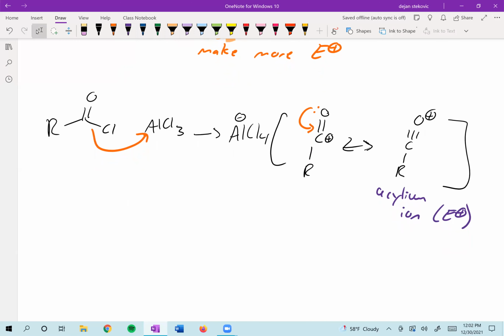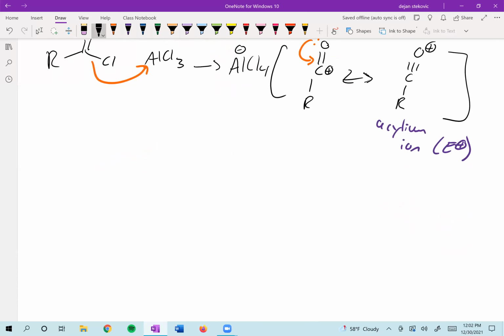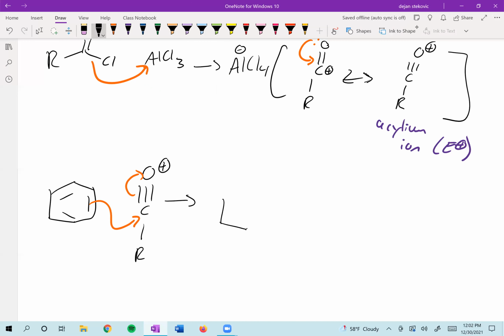And so the rest of the mechanism is basically the same as what we've learned. We have our benzene ring. We have our acylium ion. Our benzene ring acts as the nucleophile, attacks our electrophile. Then we just go ahead, break this carbon-oxygen bond. That way we're not breaking the octet rule.